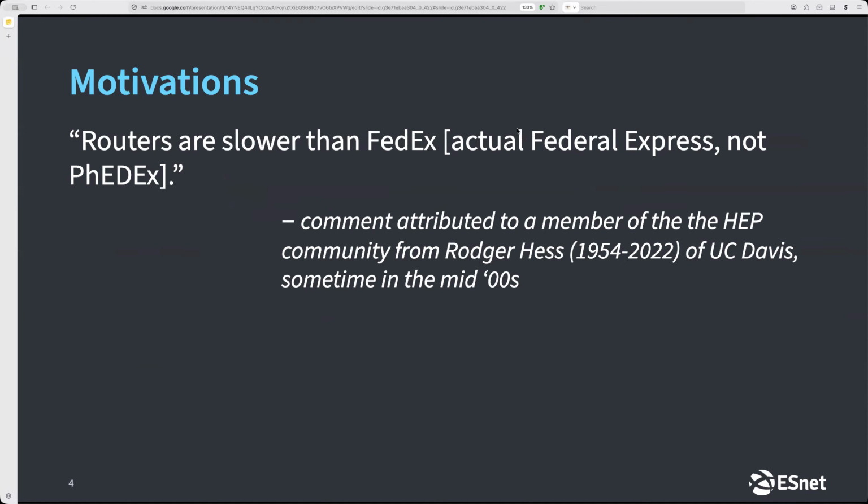Part of the inspiration that I'm coming from too is a quote that was about 20 years old from Roger Hess, who's now passed away. He was quoting some people in the high energy physics community as saying that routers are slower than FedEx. They were talking about the real Federal Express, not the data transfer tool. And my immediate reaction to that 20 years ago was, do they even understand how routers work, or what the architecture is of a modern internet router, modern 2005 internet router?